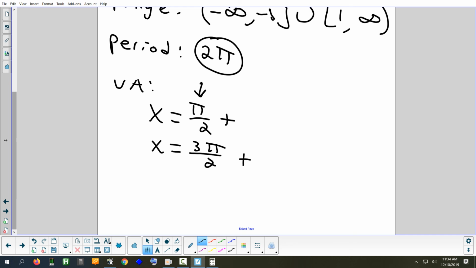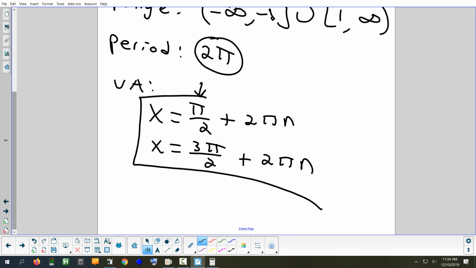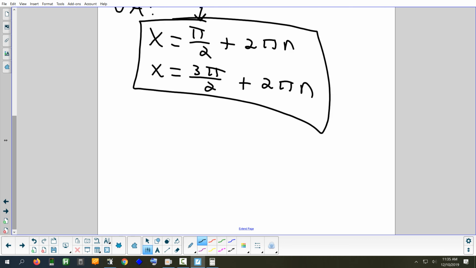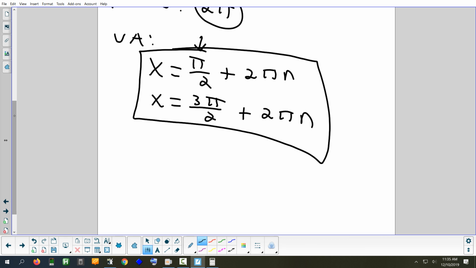Period. This asymptote is going to reoccur every 2 pi radians forever. So the way you write it is 2 pi n. The bottom asymptote will reoccur also every 360 degrees, or 2 pi n. And that's how you write your asymptotes. Right. Any question on it?